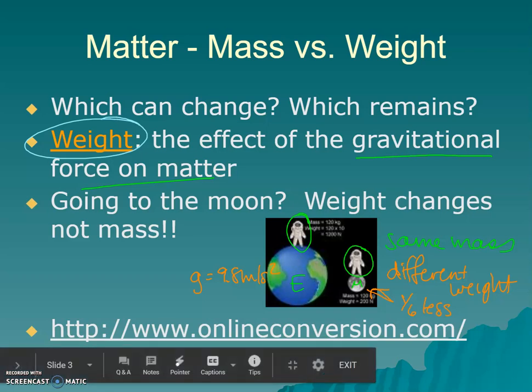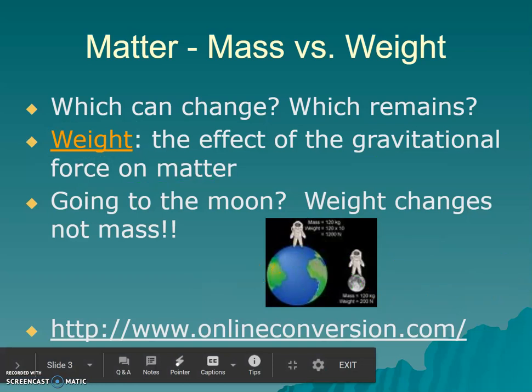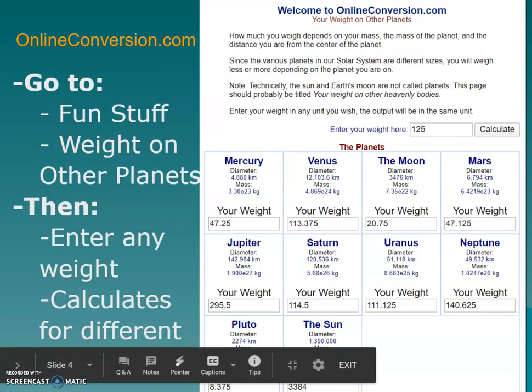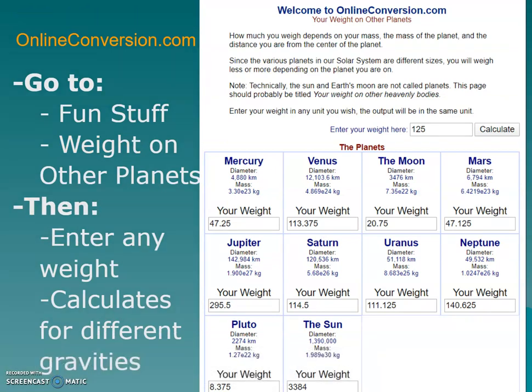Back when I started teaching in 2002, before Google was the be all end all, we had different websites like onlineconversion.com, which I still visit once every year, especially when I'm doing this stuff. So you go to onlineconversions.com, you go to fun stuff, and then they have this whole thing of weight on other planets.